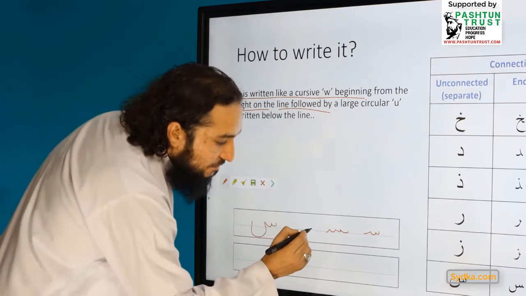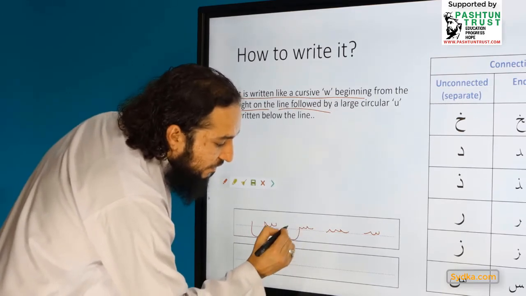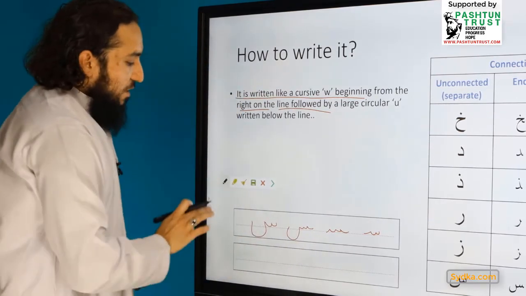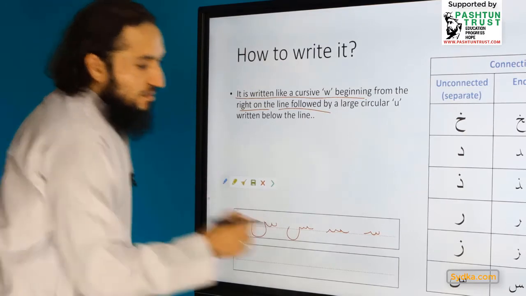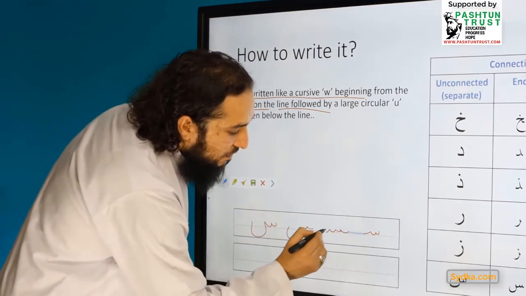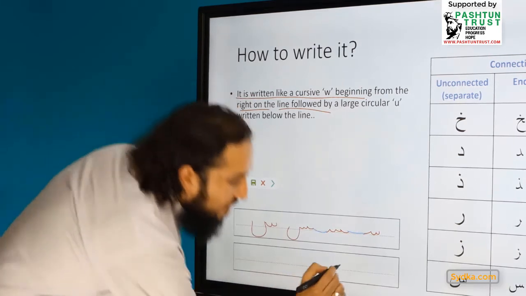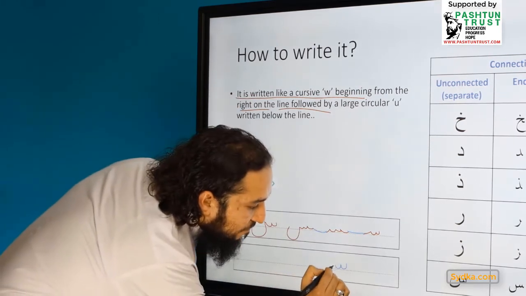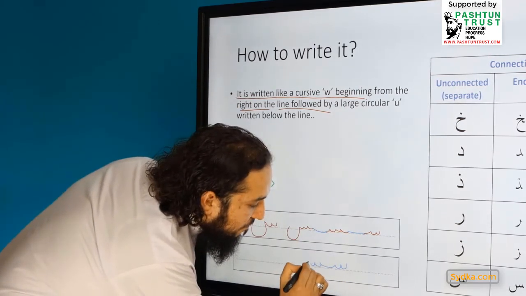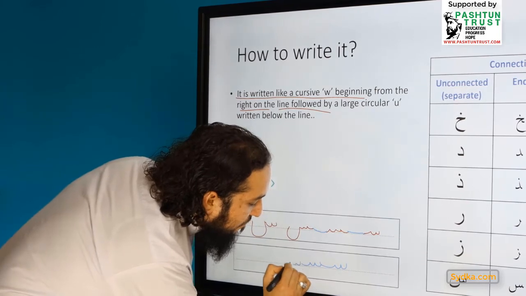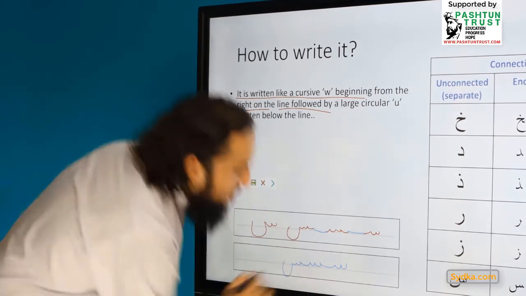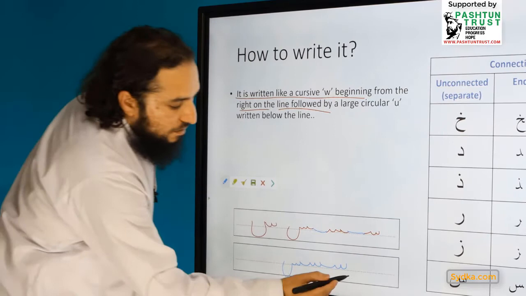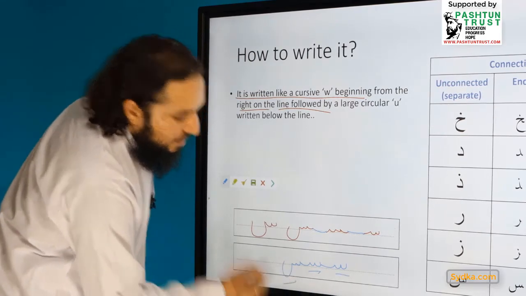If it is at the end, then you have to write like this. Let me connect these as well. Can we connect it? Yes. Let me write it as a connecting word. So that's the beginning part, middle part, end part.